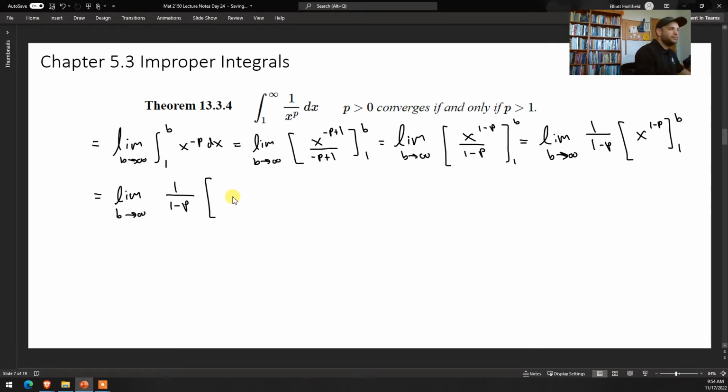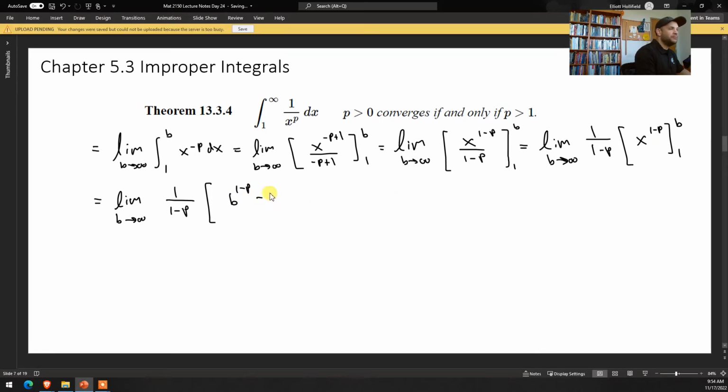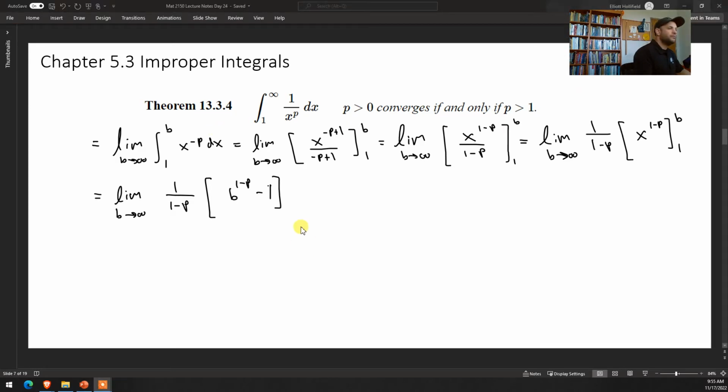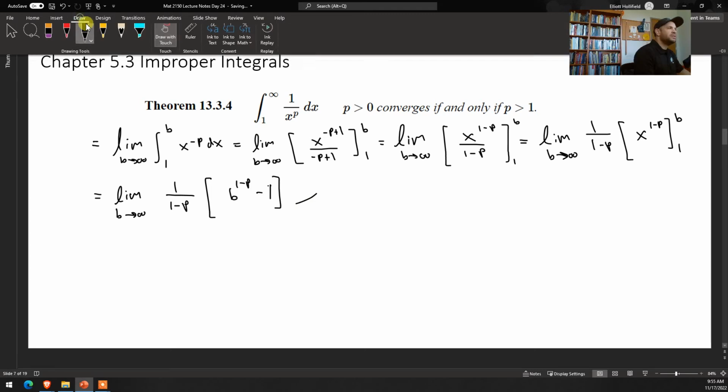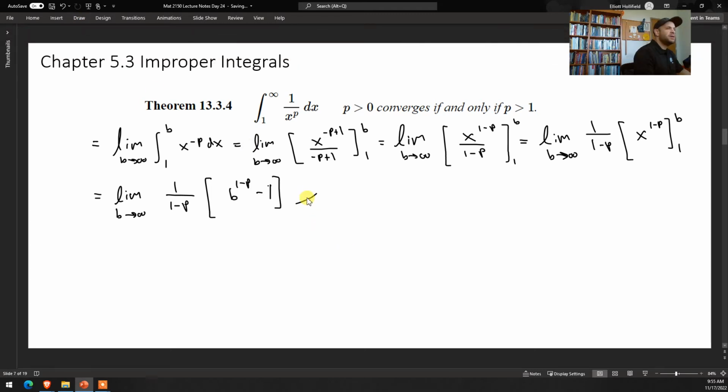We get b raised to the 1 minus p minus 1 raised to the 1 minus p, which must give us 1. And now we need to compute this limit given a few different cases. First, we have the case, what if p falls in between 0 and 1?